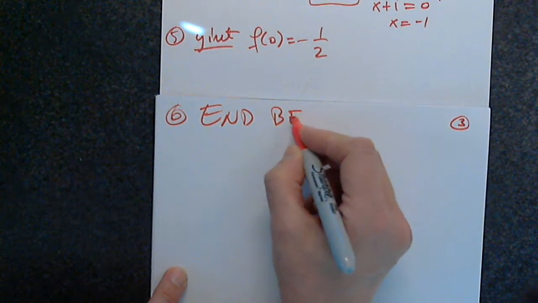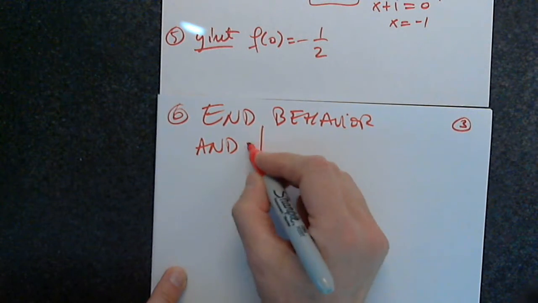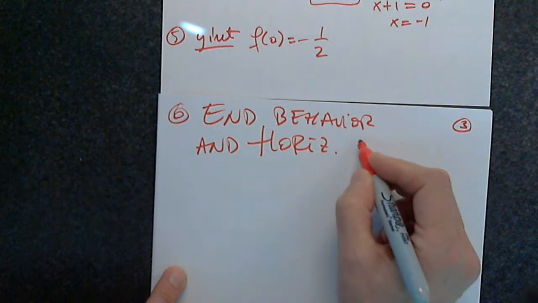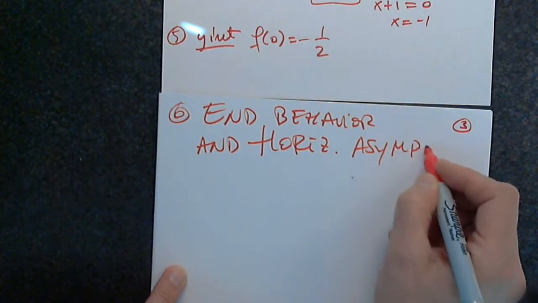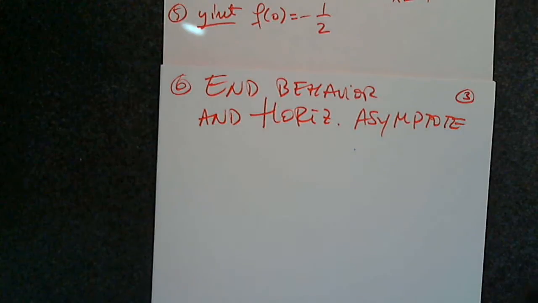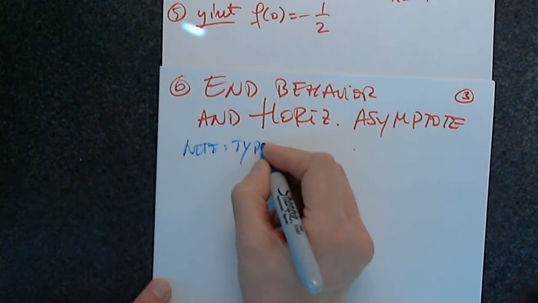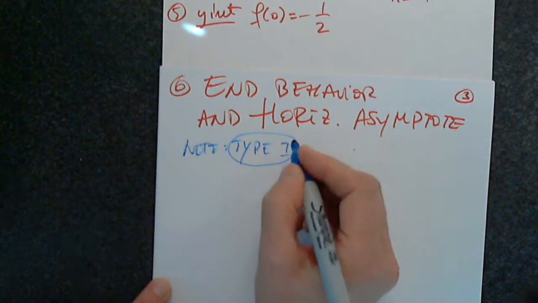And behavior and horizontal asymptote. Let's make ourselves a note. Type 1 rational functions. What do we mean by type 1 again?